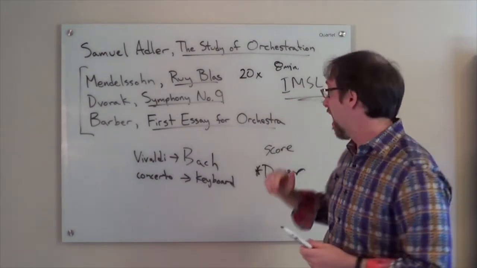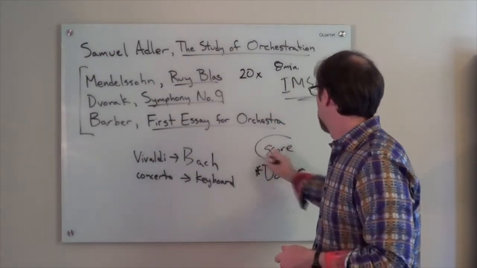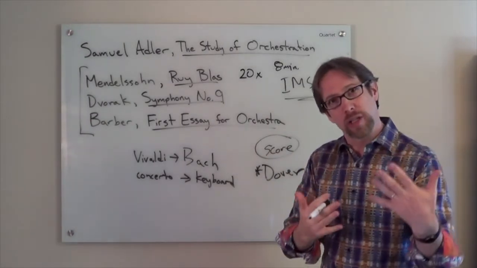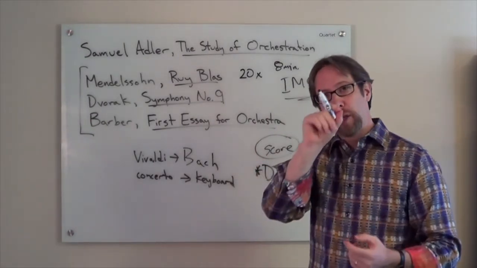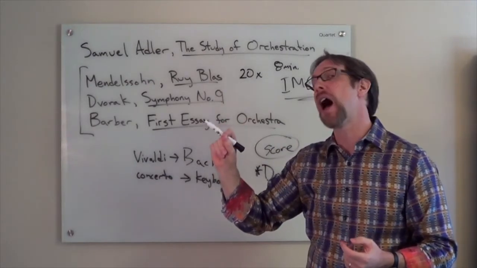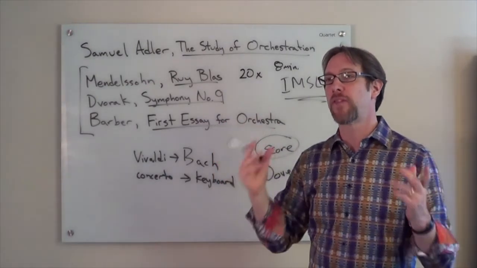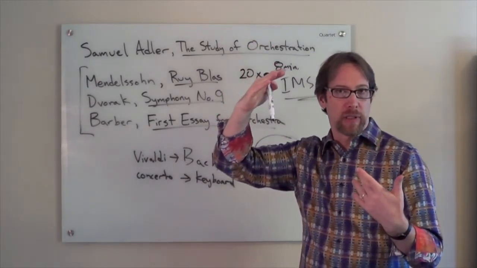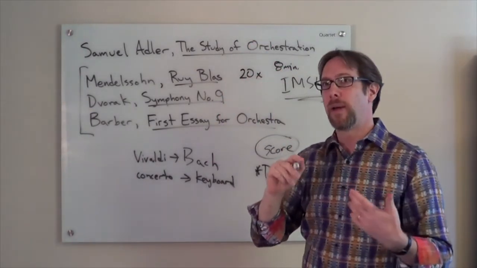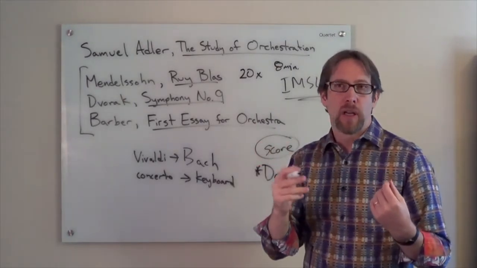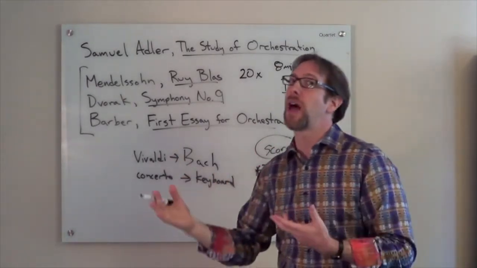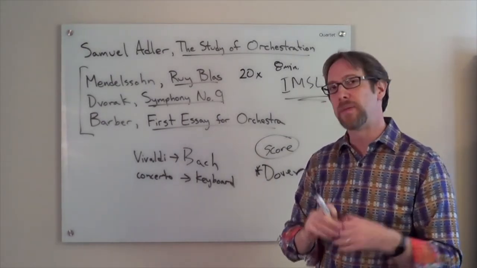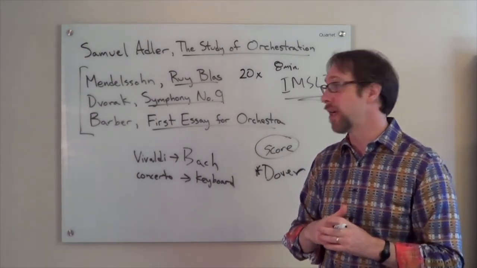Listen to their music, and then get the score, whether it's from Dover or IMSLP, and look at the score as you listen, and look at just one individual line at a time as you listen, so that you can really focus in and say, oh look, this is how high Mendelssohn writes for this instrument. This is how low. Notice that it's often combined with this instrument, but not this instrument. There's a lot of things you can learn by just observing what you see and what you hear.